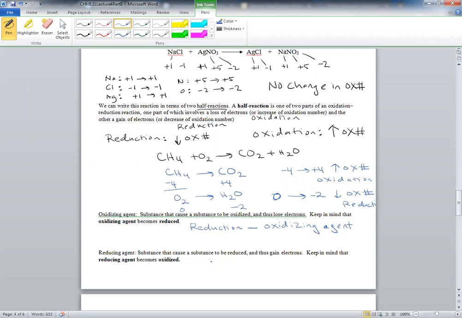So again, an easy way around it is oxidation is coupled with the reducing agent. I will give you an analogy when we meet next time to clarify. You can think about it, but that's a very, very quick way of understanding it and remembering it.